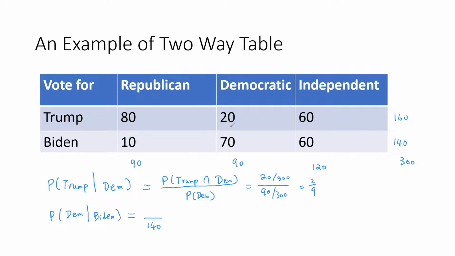Democrat and voted for Biden, that's 70, so that's 1/2. Okay, so that's a simple example of using a two-way table, or contingency table. All right, let's move on.